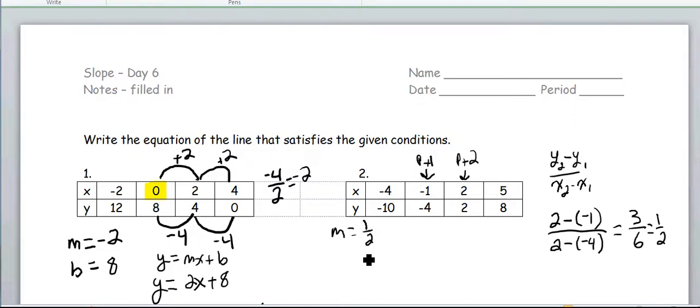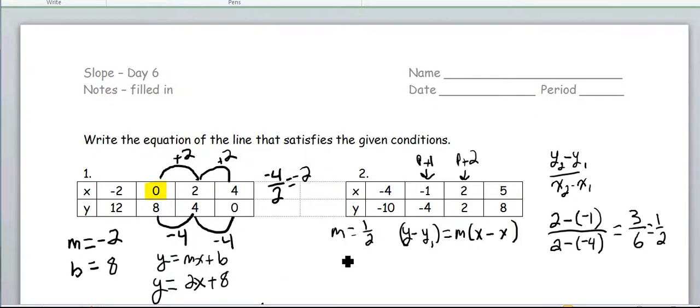Now we don't know what the y-intercept is, and it's not clear from the table. So what we can do is we can put this into our point slope form, which, if you remember, is y minus y1 equals slope times x minus x1. So I'm going to fill in the values for y1, m, and x1.